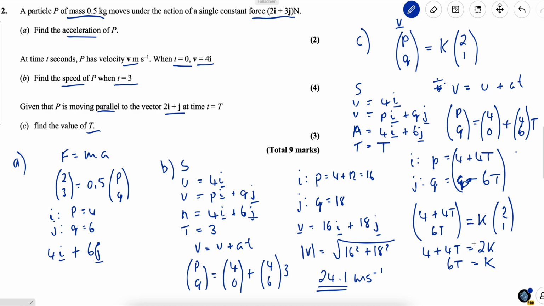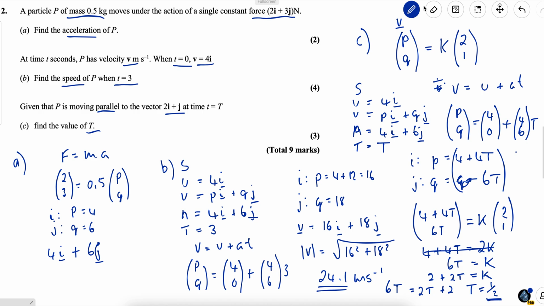Now, if I divide this through by 2, I will have 2 plus 2t equals k, so I'd rather use that one. Both of these left-hand sides are equal to k, so they're equal to each other. So 6t equals 2t plus 2, and when we rearrange that, we get t equal to a half.